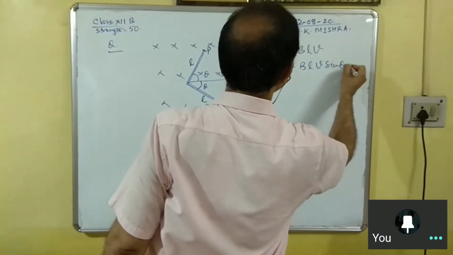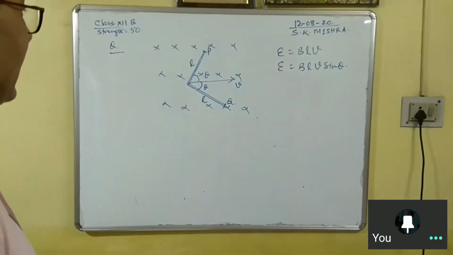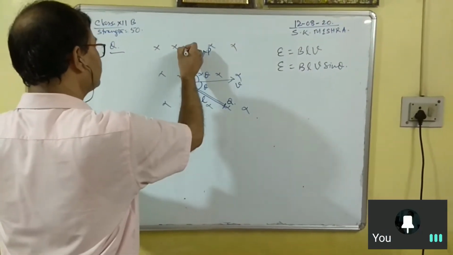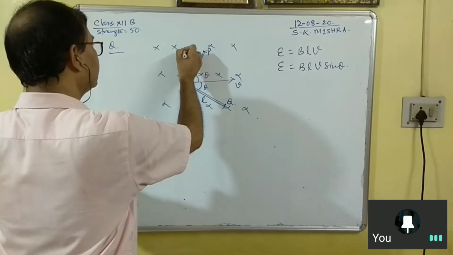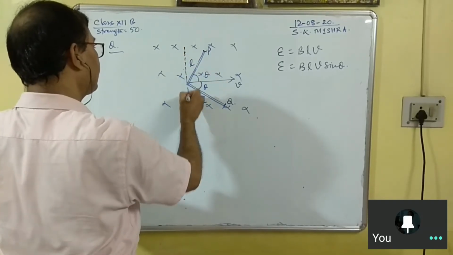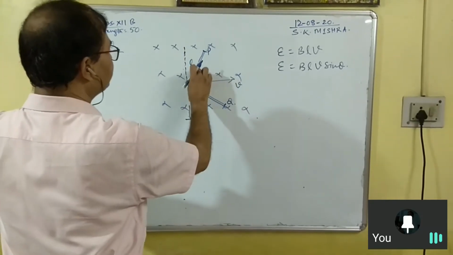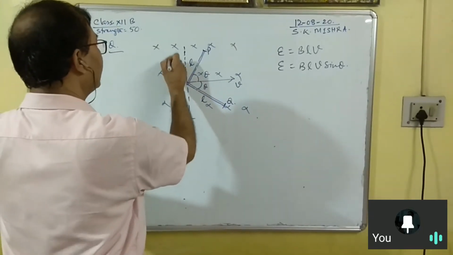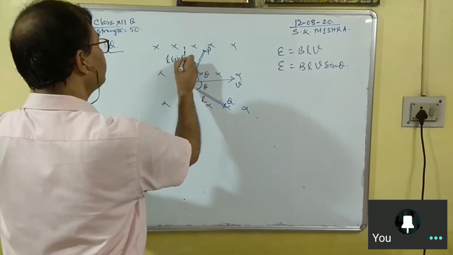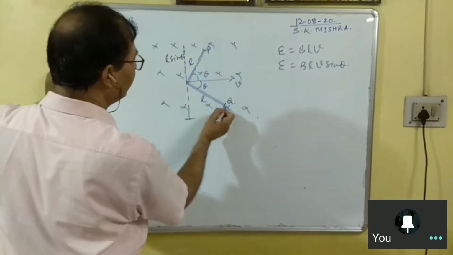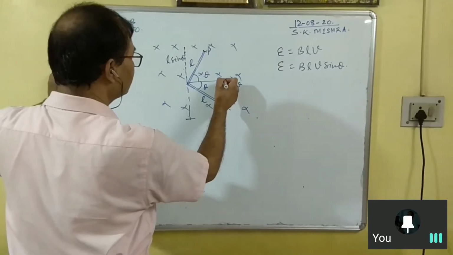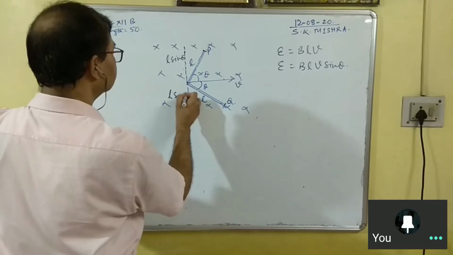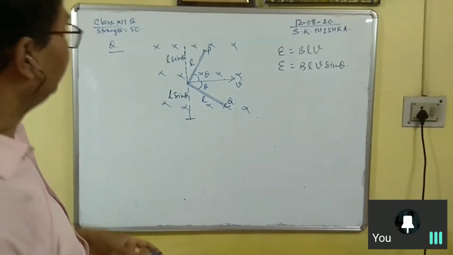Actually, if you take the component of L along this direction, that is the effective length. If this angle is theta, this component will be L cos theta and this component will be L sin theta. So what is the effective length of the rod?